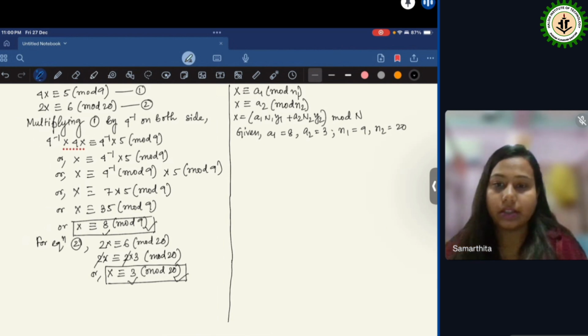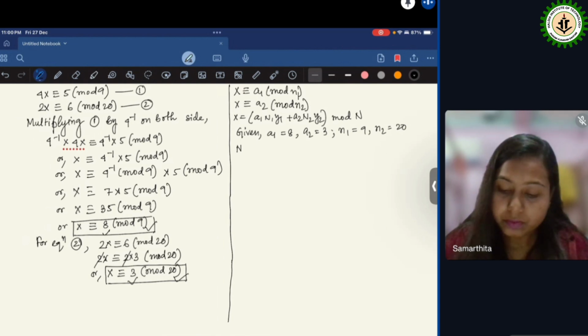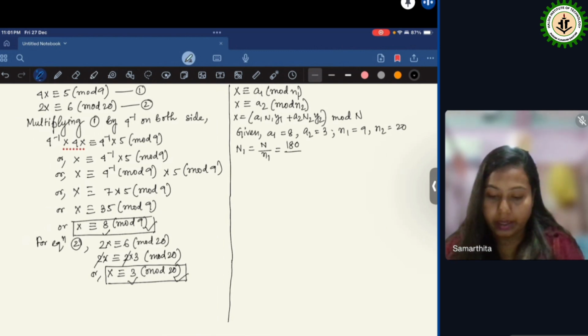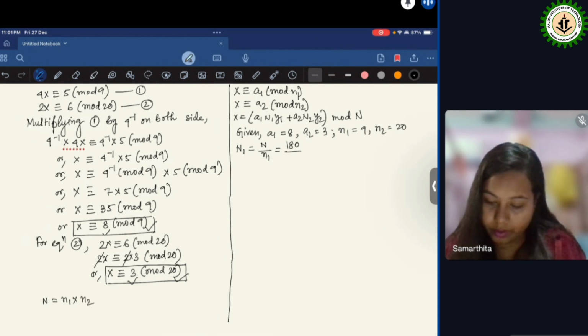Okay, so these are the given values, and now we have to calculate capital N1, that is capital N by small n1. Here actually we don't calculate the value of capital N, right? Here capital N equals n1 into n2, right? n1 into n2 means 9 into 20, that is 180.